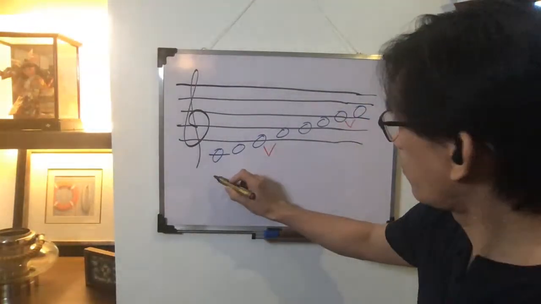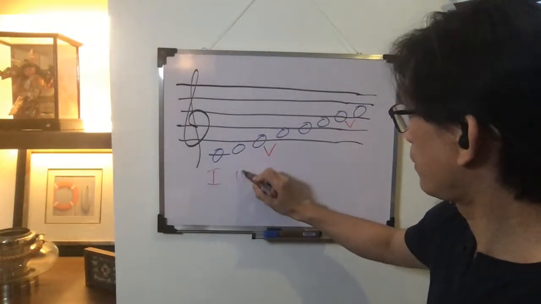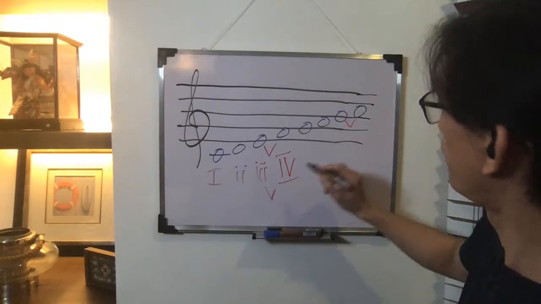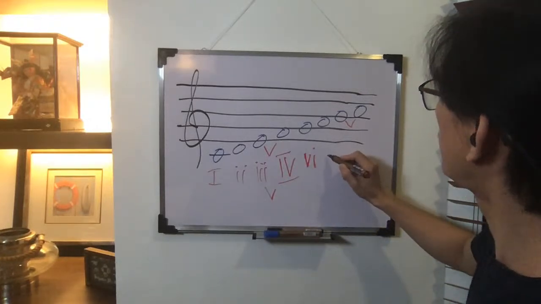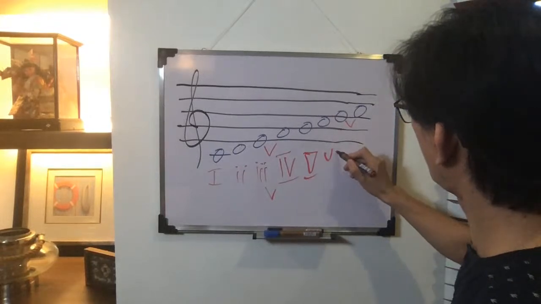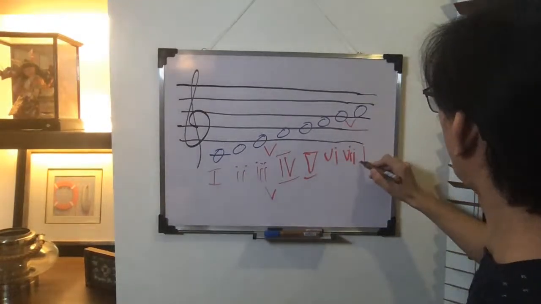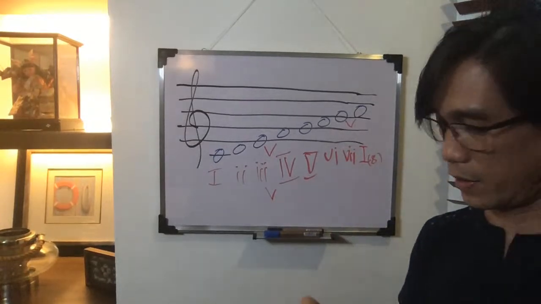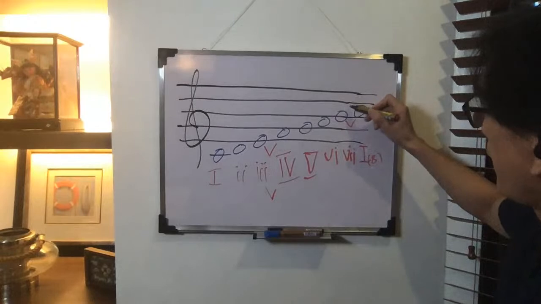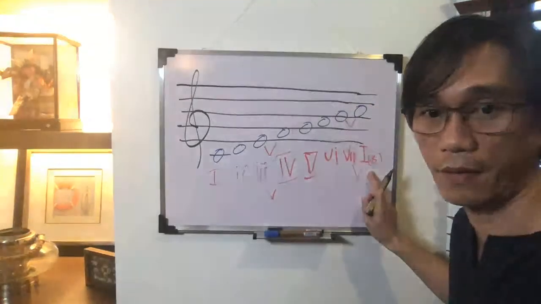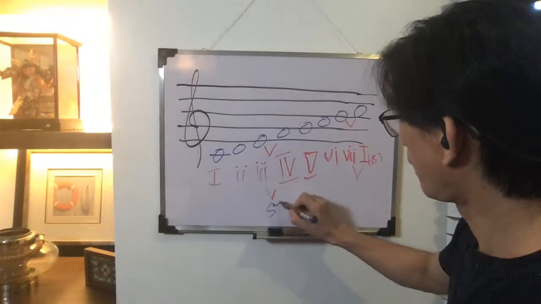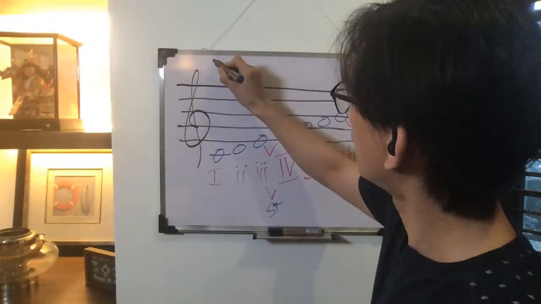So between 3 and 4, and between 7 and 8, the tonic octave. We have what we call semitones or ST.